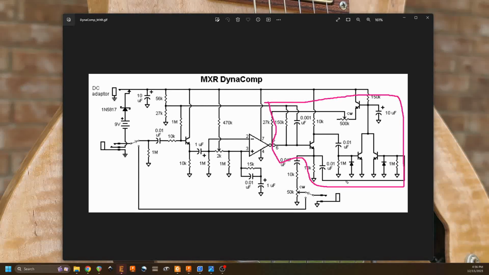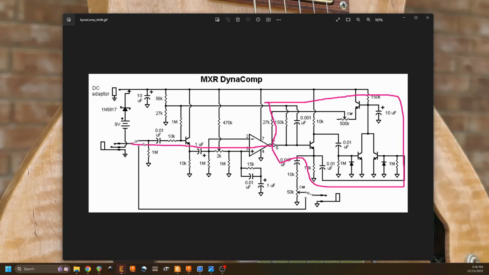Now, the reason that this one is a feedback envelope follower is because it requires our audio signal to go through the amplification stage before we even get our envelope. Okay? And the envelope is going to control the gain of this stage.